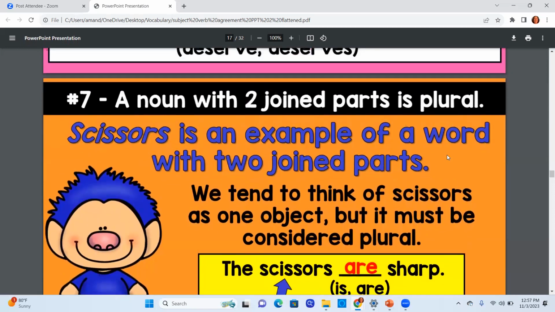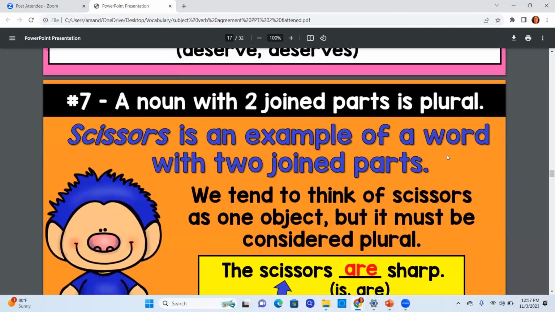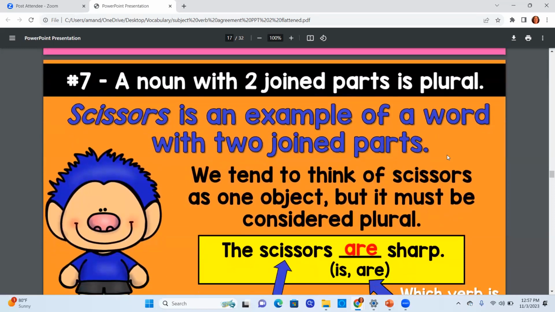A noun with 2 joined parts is plural. Scissors is an example of a word with 2 joined parts. We tend to think of scissors as one object, but it must be considered plural. The scissors are sharp.